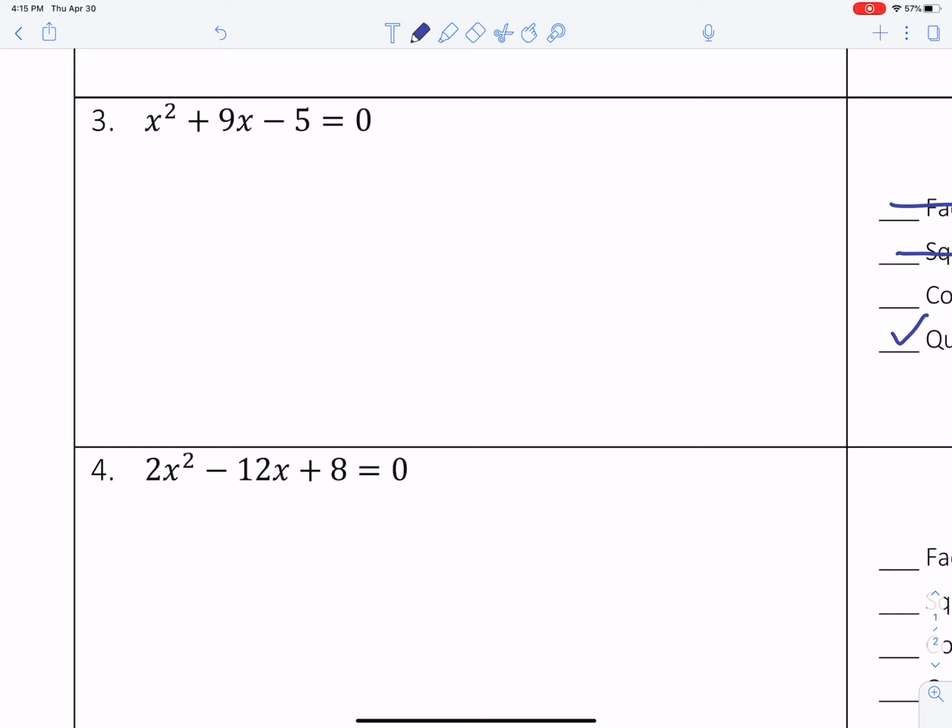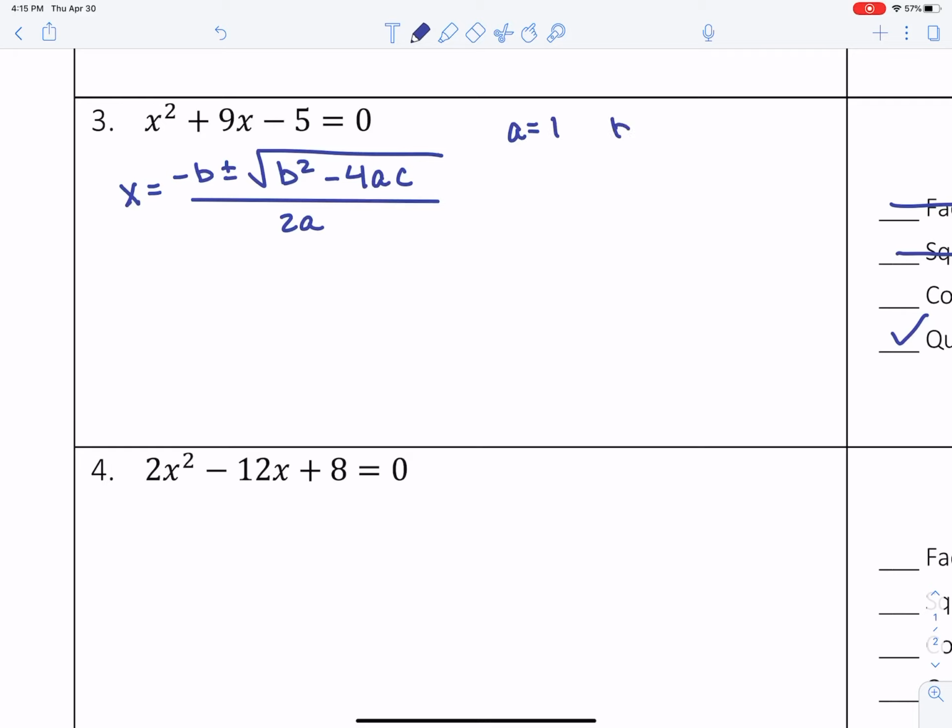First of all, I want to write my quadratic formula: x equals negative b plus or minus the square root of b squared minus 4ac all over 2a. The second thing I want to do is list my a, b, and c. So a is equal to 1, b is equal to 9, c is equal to -5.